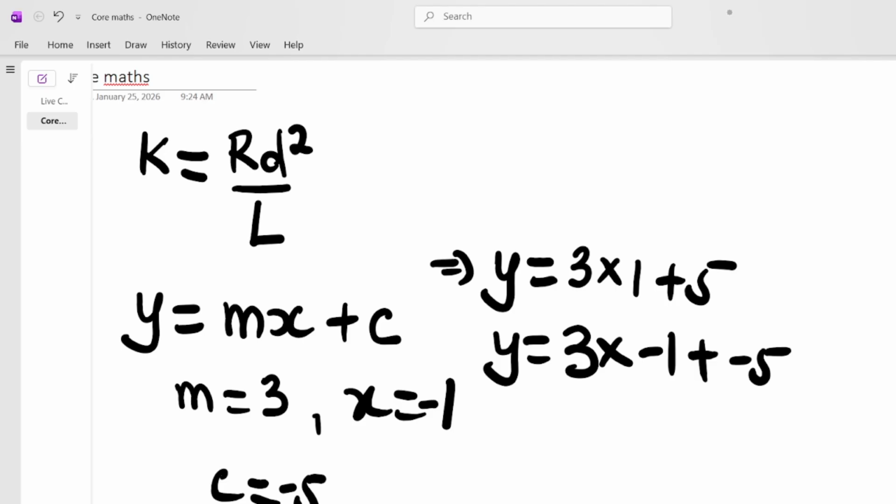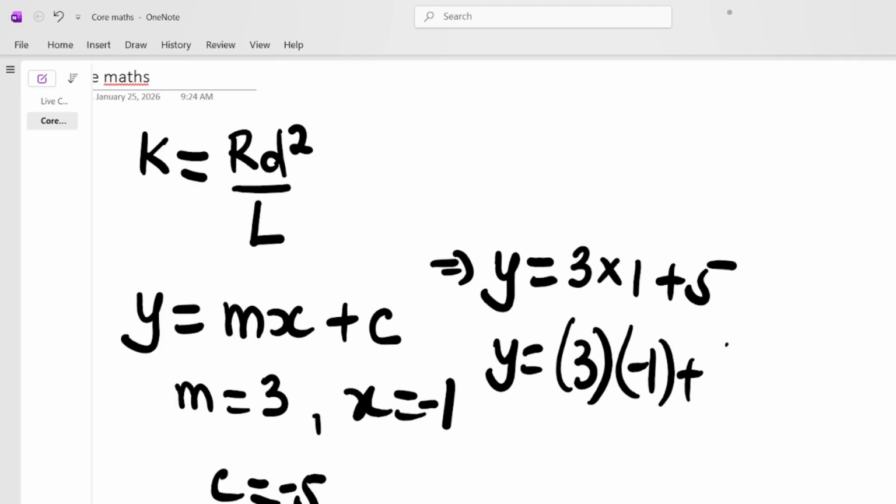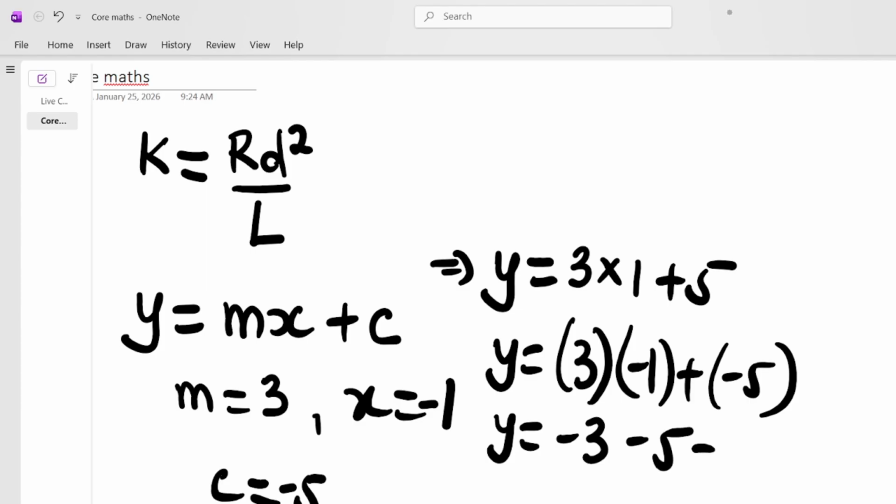But if we work with brackets, whether the value we are substituting is negative or not, we know that y will be equal to 3(-1) plus (-5). So it's easier to manage. So we have y is equal to 3 times (-1), which is negative 3, plus negative 5. So the value will be negative 8 in this case. That clears out any confusion if you go in with brackets.